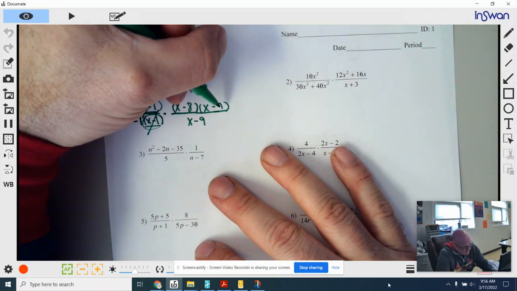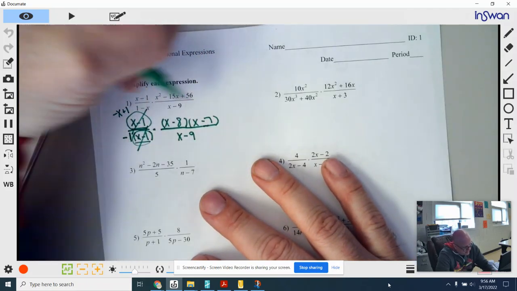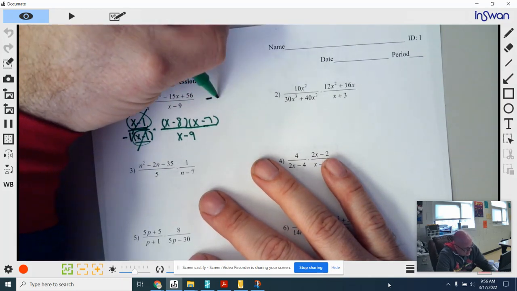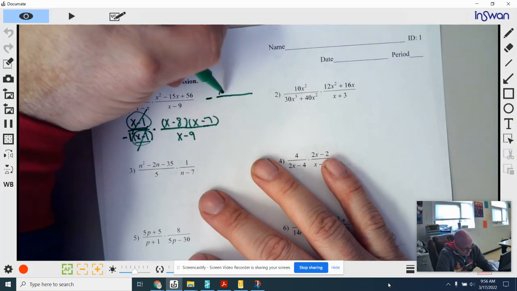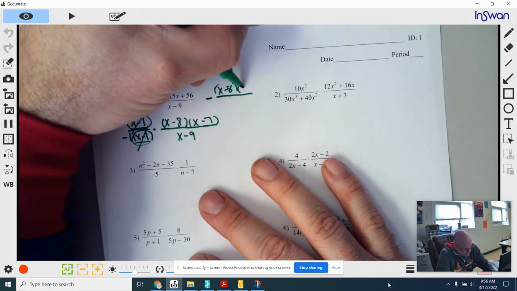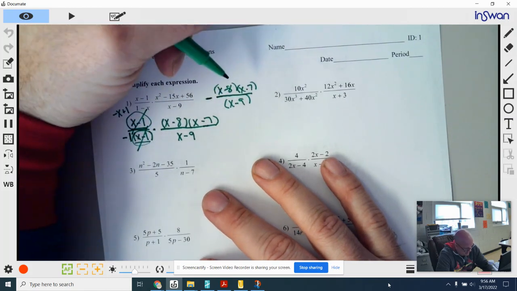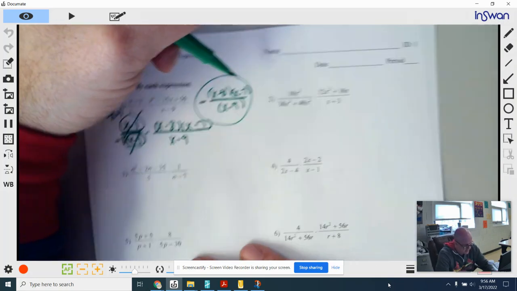So if I put it back together, it's basically this piece right here, but you got that negative. And anytime there's a lone negative, to set it up, I just put the negative sitting out front. And then we're going to make one fraction bar. And then I'm going to put x minus 8 in parentheses, x minus 7 like that, and then x minus 9 like so. And that's my final answer.